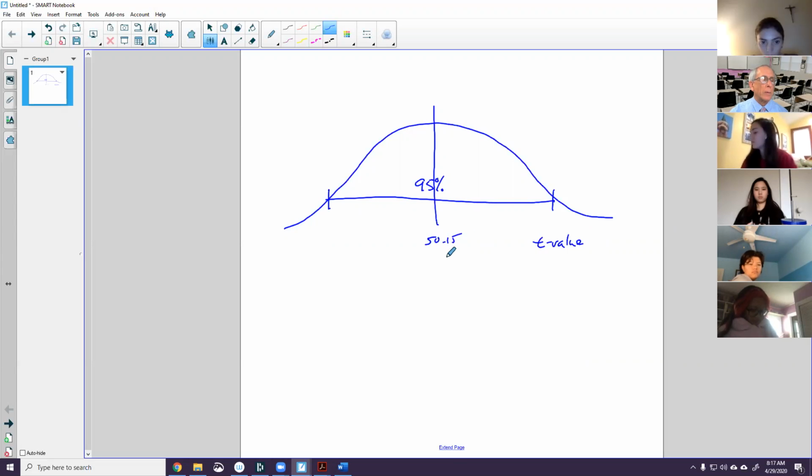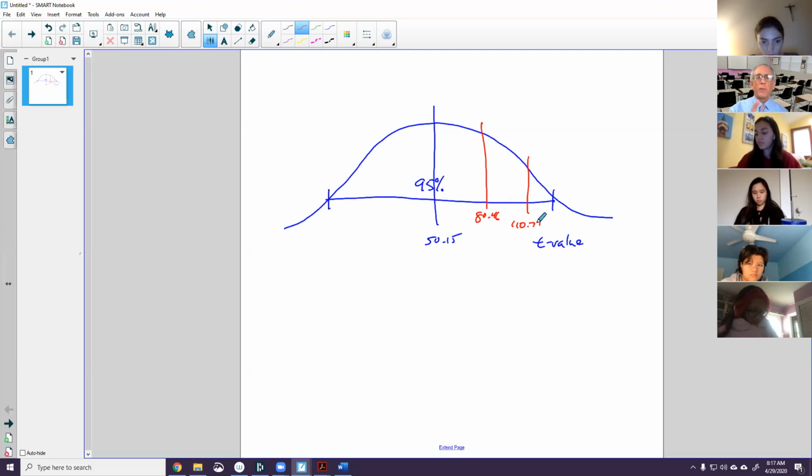And then the S that was given was 30.31. So I added it. So that became 80.46 for the first standard deviation. And then for the second standard deviation, it became 110.77. Okay, I'm going to stop you right there.